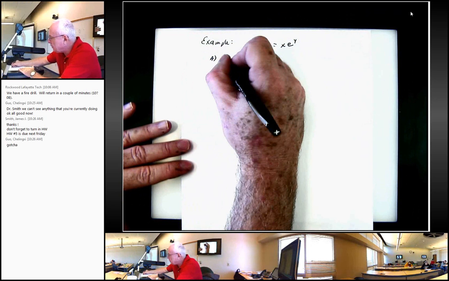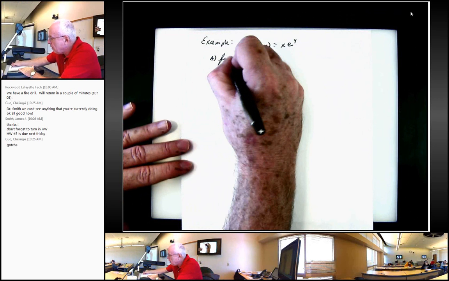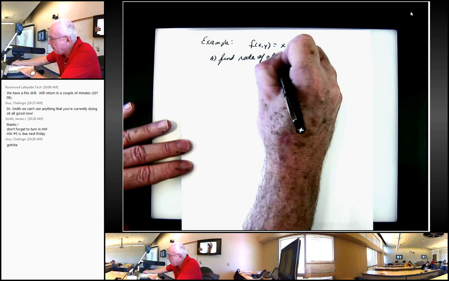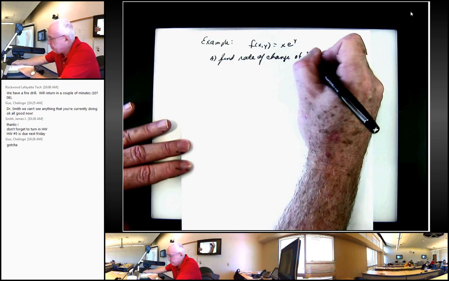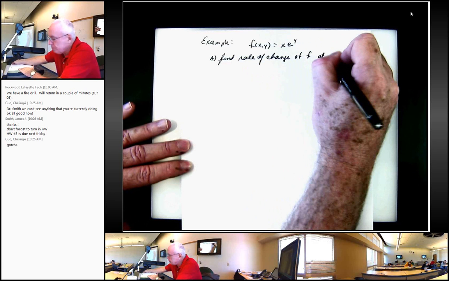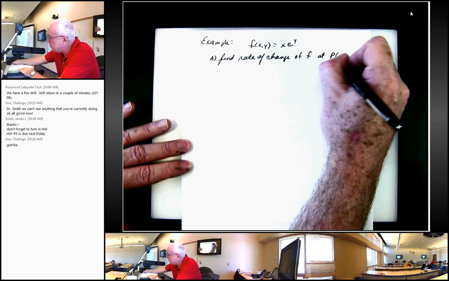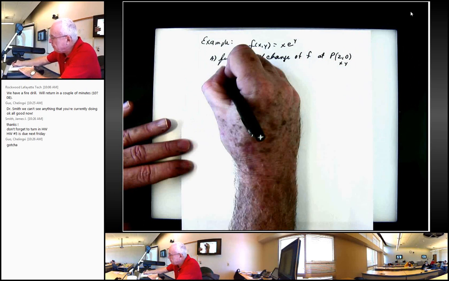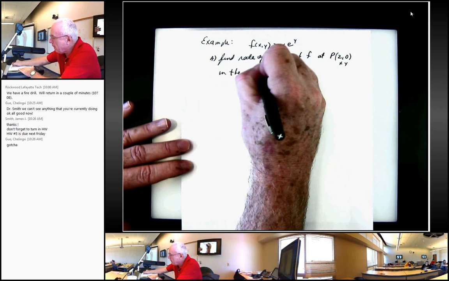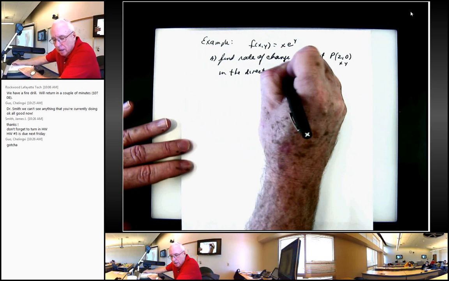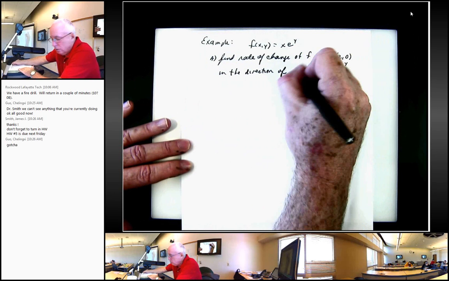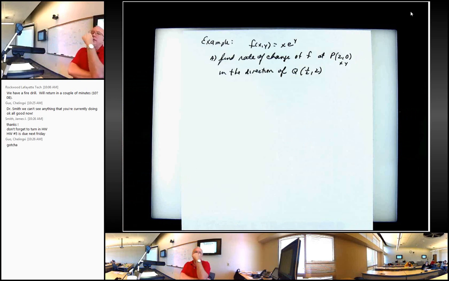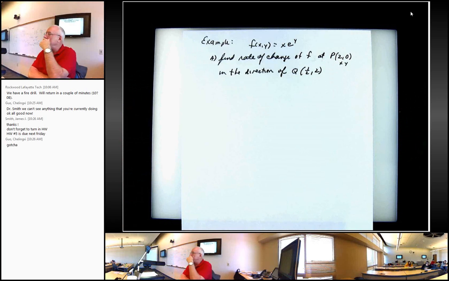Let's find the rate of change of f at the point, put capital P at the point (2, 0), so that's our x and y value, in the direction of the point Q (1/2, 2). Now, this one involves an extra step.